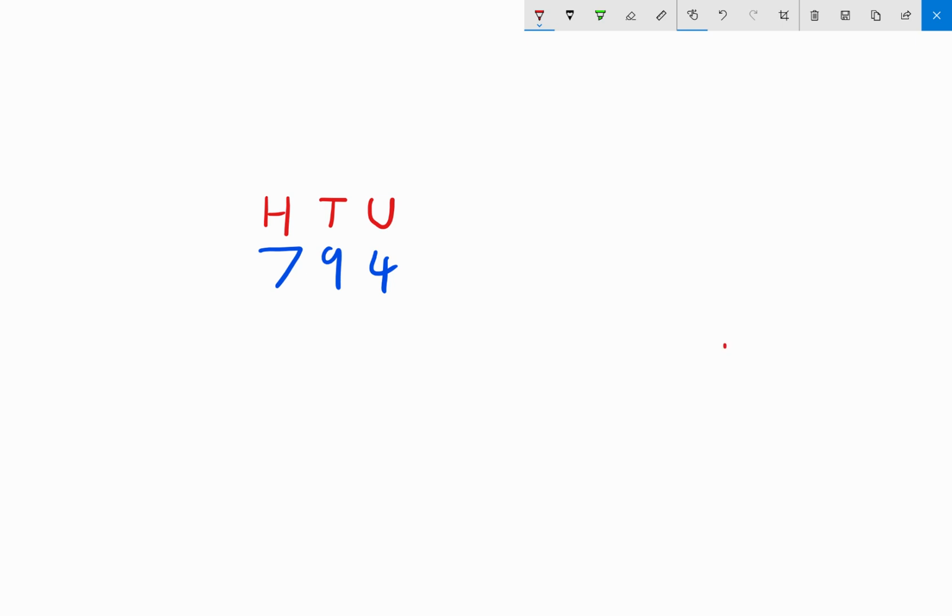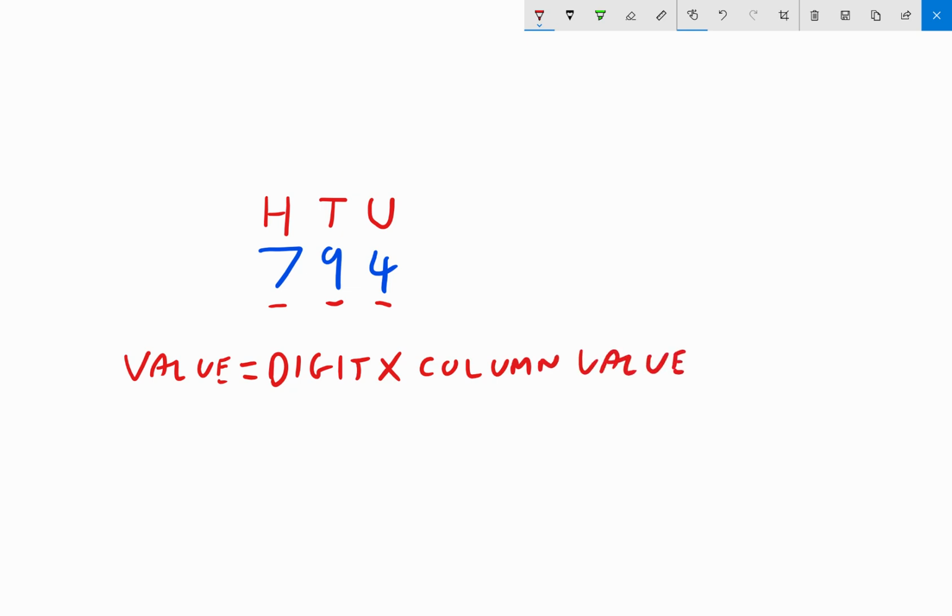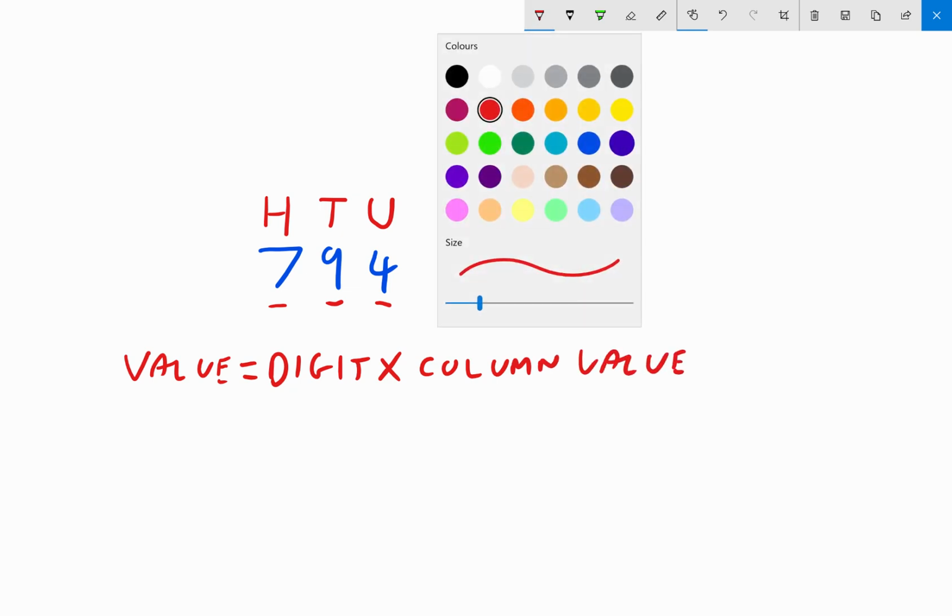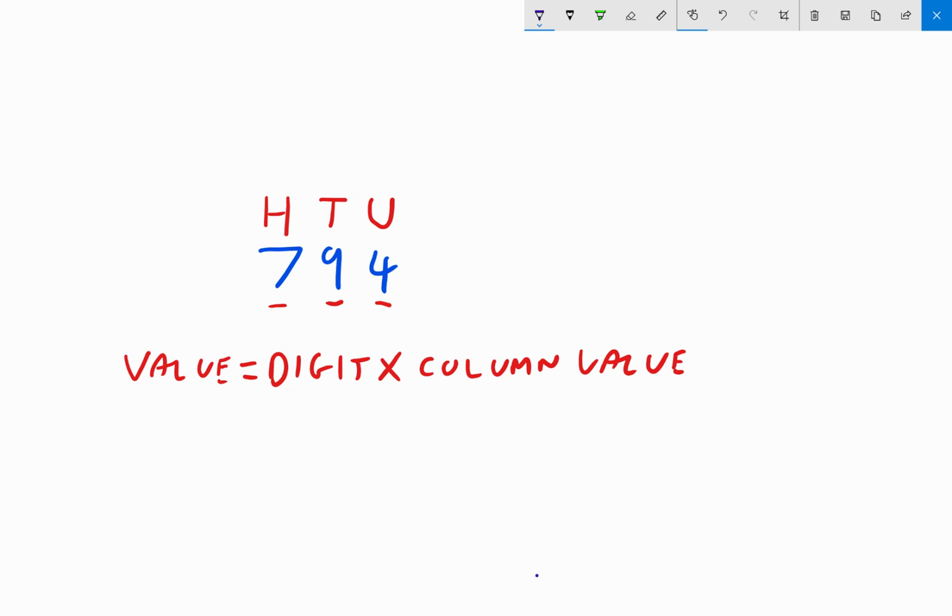This means that any digit in these columns actually has the value of the digit, so value equals digit multiplied by column value. So in this case, we can see that the units column is worth 1, the tens column is worth 10, and the hundreds column is worth 100.